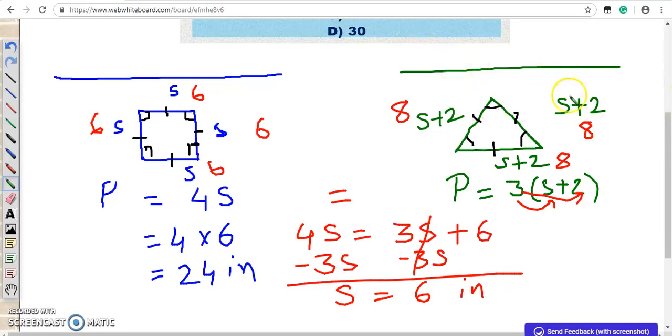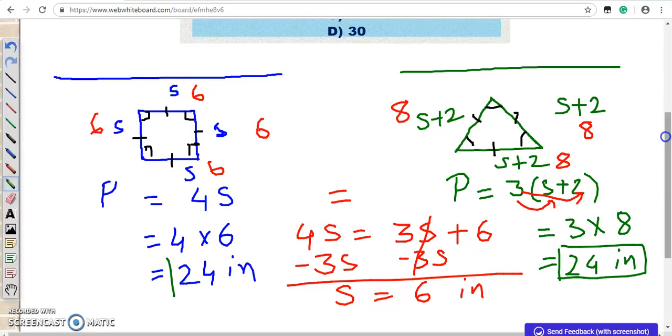We already found that s plus 2 is 8, so perimeter equals 3 multiplied by 8, which is again 24 inches. They have to be equal because they correspond to the length of each rod, and the lengths of the rods are equal. So we have found the length of each rod, which is 24 inches.